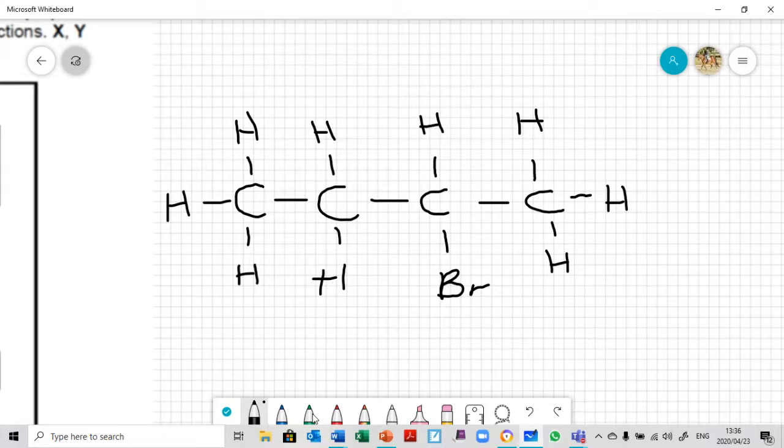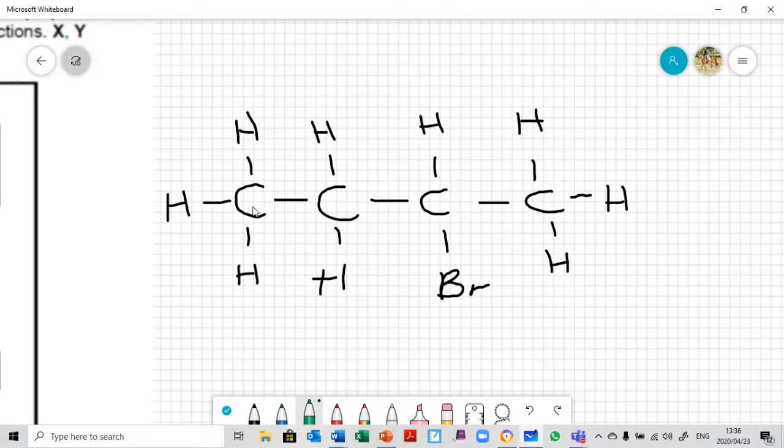Okay. If you struggle with IUPAC naming, don't panic. Just have a system. The first thing you do, you count the number of carbons in the longest chain that includes the functional group. Here we don't have an external functional group like an OH or a double bond O or any of those. So we only have to find the longest carbon chain.